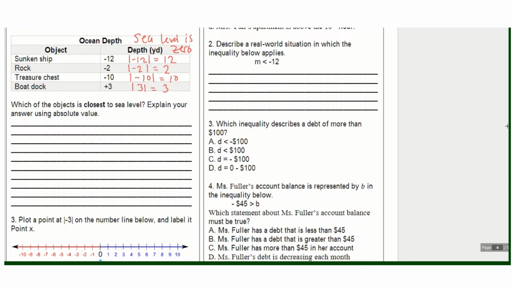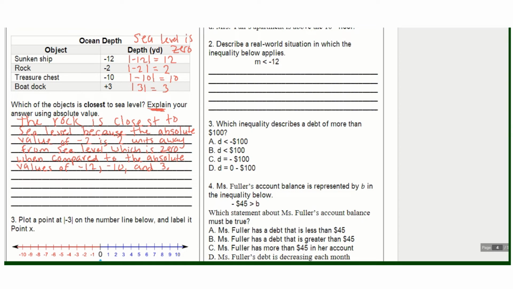So it says, which object is closest to sea level? Explain your answer. So the object closest to sea level is the rock because it's only 2 units away from sea level, where the other ones are 3, 10, and 12. So we're going to say the rock is closest to sea level. And then it says explain. So we need to give a reason for why we said what we said.